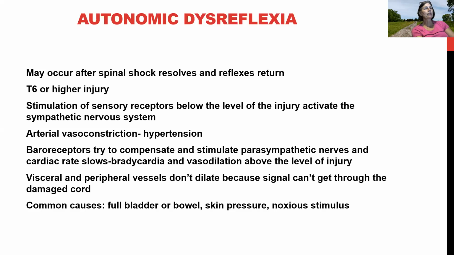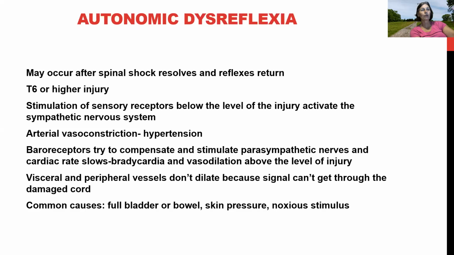So what happens is their sensory receptors below the level of injury are activated, and it stimulates the sympathetic nervous system. And that causes a massive arterial vasoconstriction and hypertension. The sensory receptors below the injury trigger the sympathetic neurons, and it sends a message.